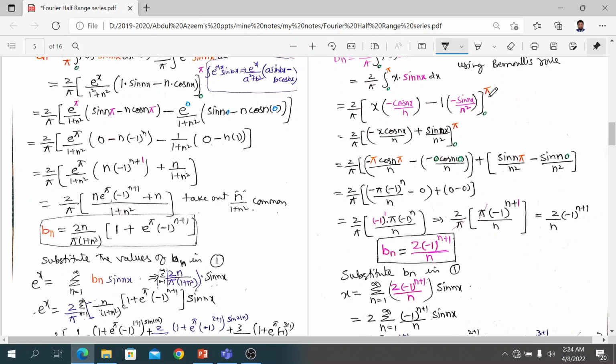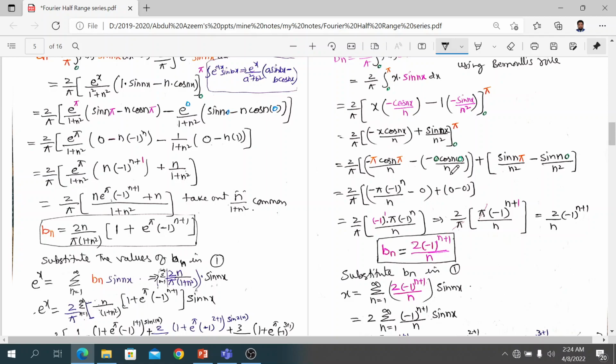Now apply limits: minus x cos n pi by n, plus sin n pi by n squared, 0 to pi.